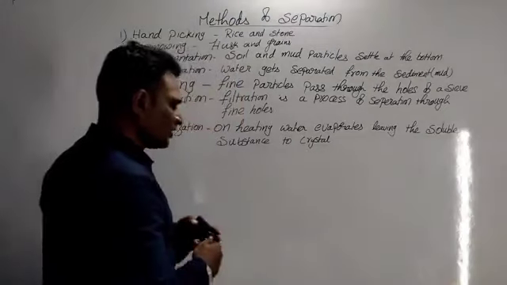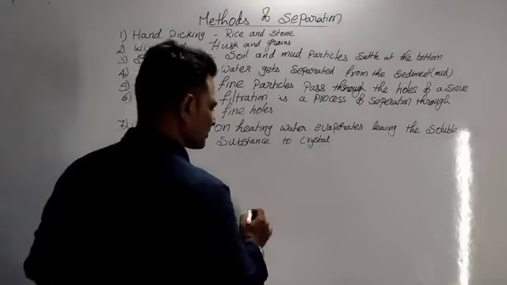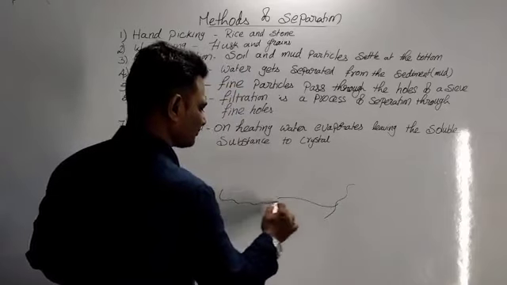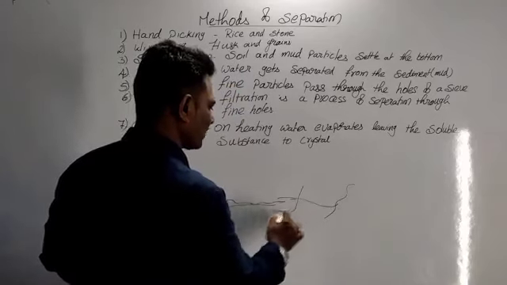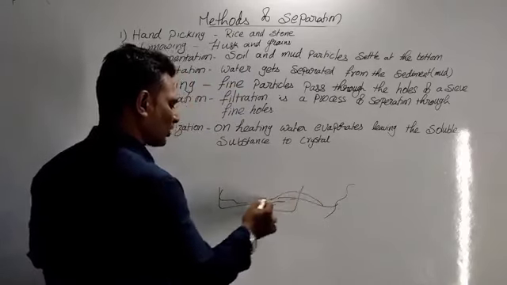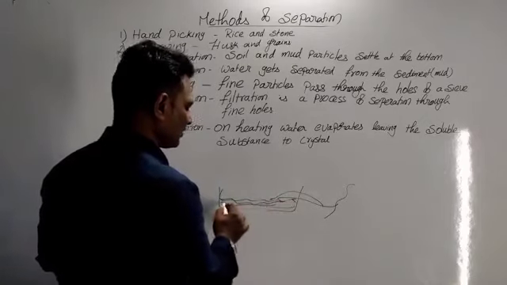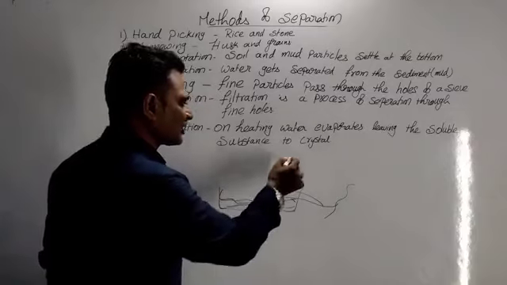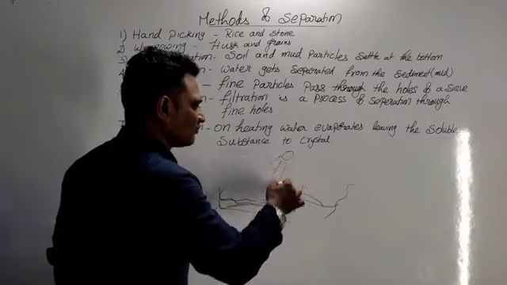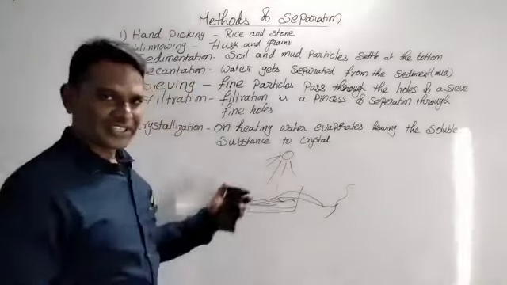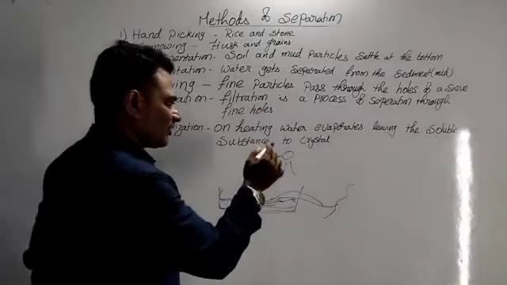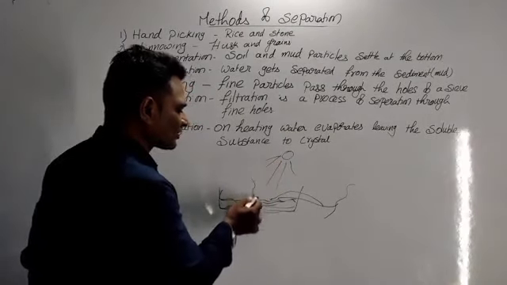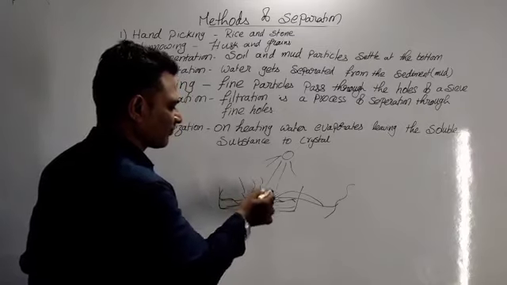From the sea, they collect the water into the lagoons, and then this salt water is kept in the lagoons and allowed to stay in the sunlight. Due to this bright sunlight and heat, the water gets evaporated.